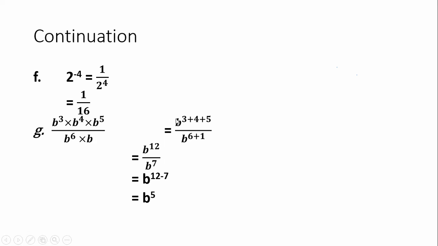So when you do the addition, 4 plus 3, 7, plus 5, 12. And that's why you have b raised to the power 12, and 6 plus 1, 7, divided by b raised to the power 7. So the second law, you subtract their indices. So b raised to the power 12 minus 7, and 12 minus 7 will give us 5. That's why we have b raised to the power 5.